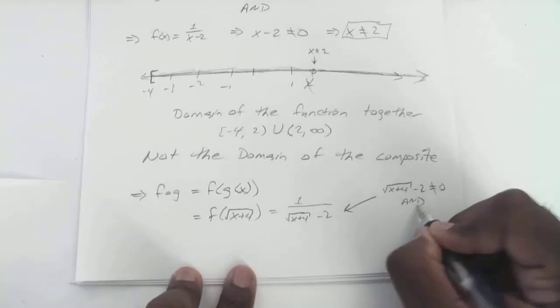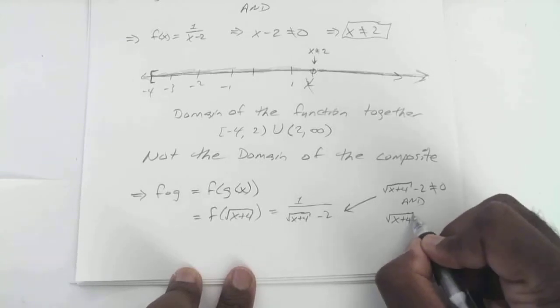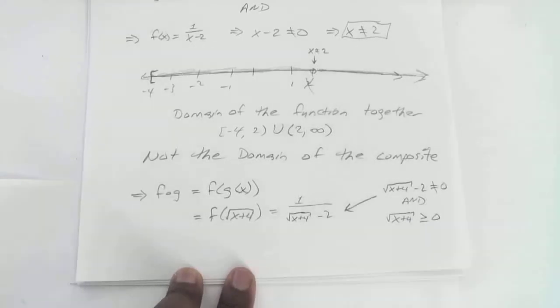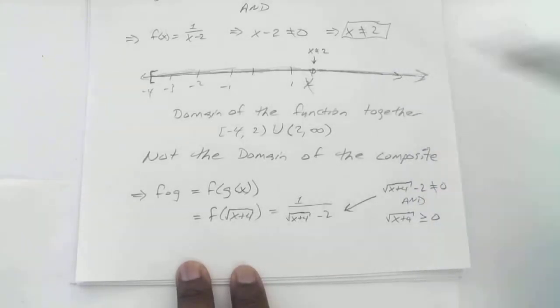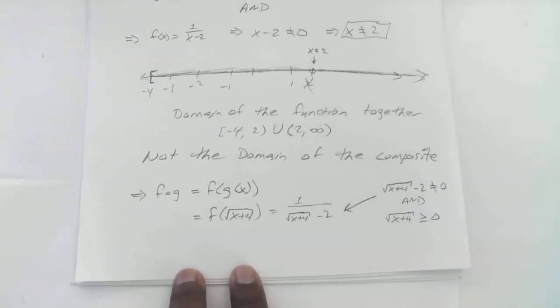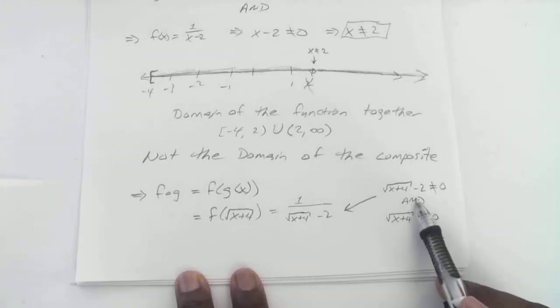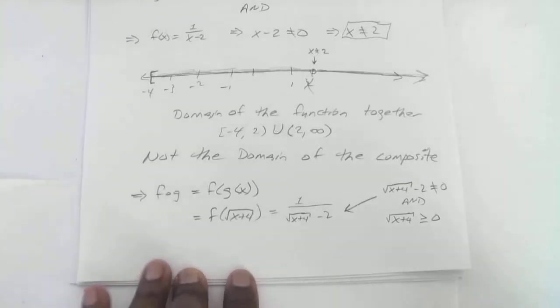And we also know that square root of x plus 4 has to be greater than or equal to 0. So you see it's just a little bit different. Before, we had x couldn't equal 2. That was our denominator. But here, if you notice, once you get the composite, your denominator changed a little bit. So now this is your actual domain of the composite.